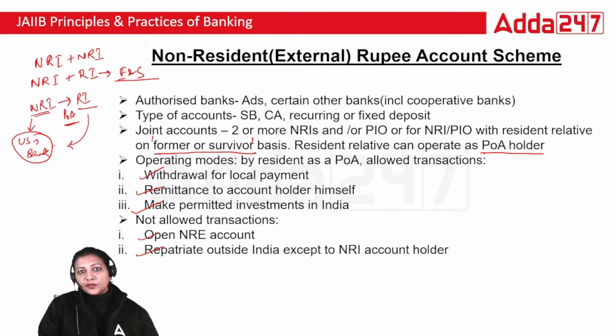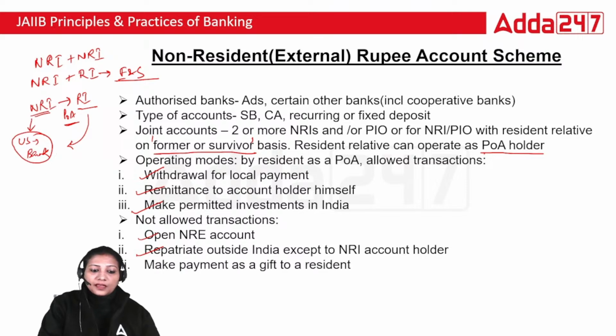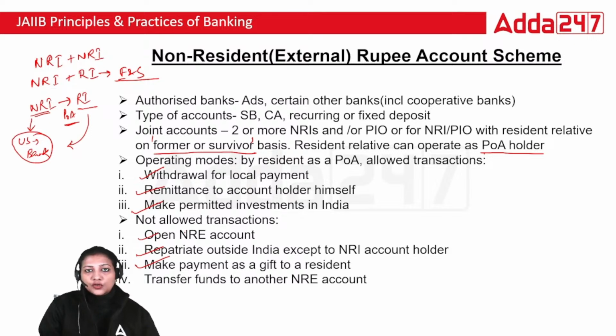It cannot be transferred to anyone else's account. This repatriation is allowed to the NRI account holder's account. The POA holder also cannot make payment as a gift to a resident, and cannot transfer funds to another NRI account.